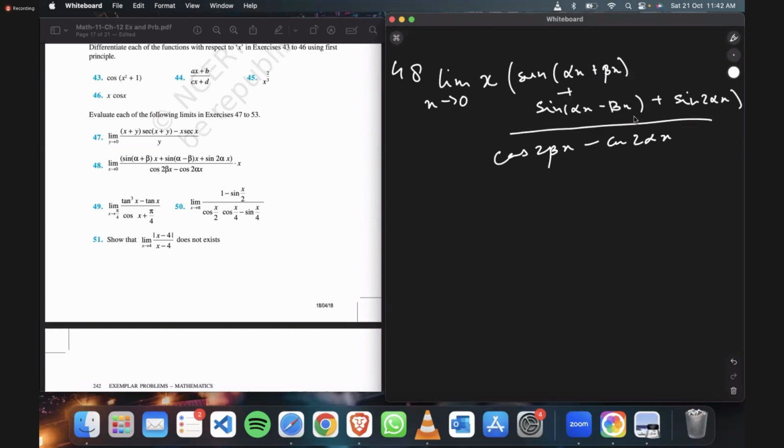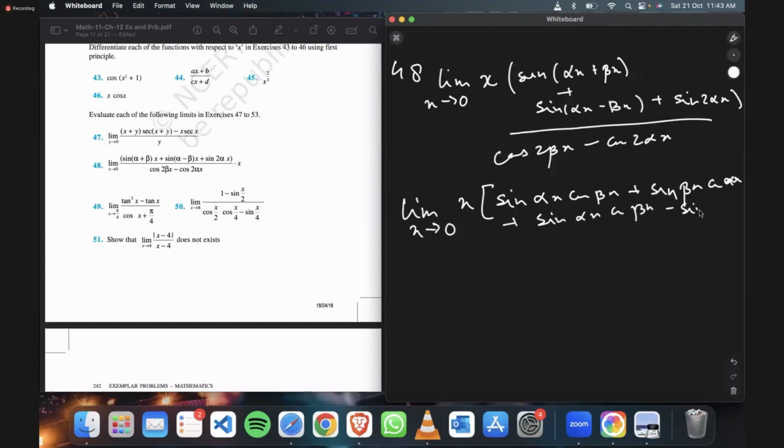So I can see that in the numerator I have sine a plus b and sine a minus b forms. So I can further simplify it and write it as sine a cos b plus cos a sine b. So sine alpha x cos beta x plus sine beta x cos alpha x, and plus sine alpha x cos beta x minus sine beta x cos alpha x.